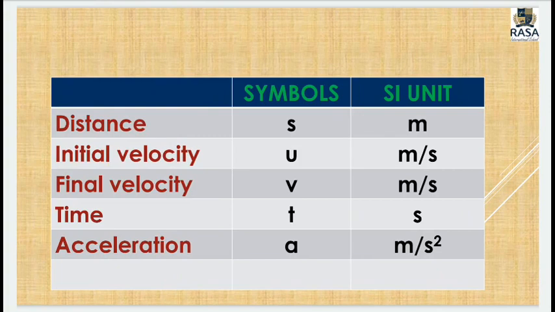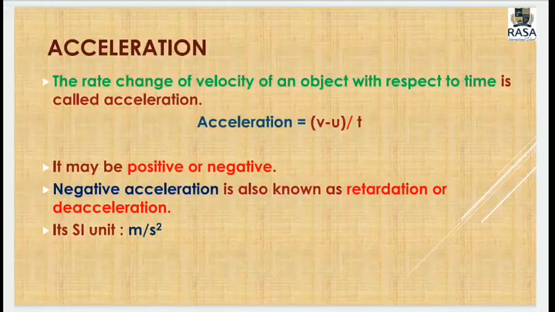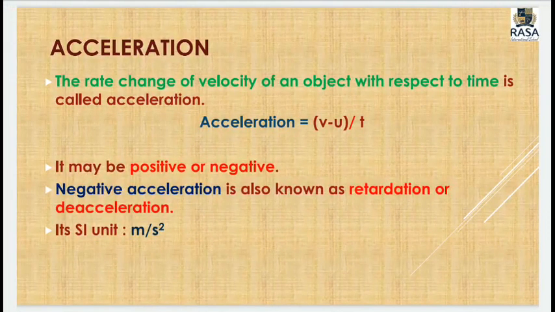Now what is acceleration, that we have to discuss, because acceleration is the rate of change of velocity with respect to time. The rate of change of velocity means from the initial velocity to reaching the final velocity, there is some change. So final velocity minus initial velocity, v minus u, divided by time, the change that occurs in this duration. So the rate of change of velocity is defined as acceleration.